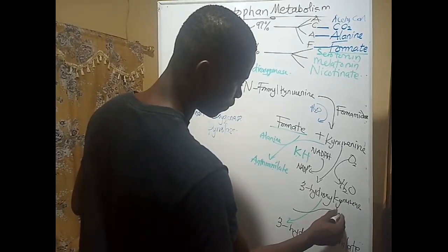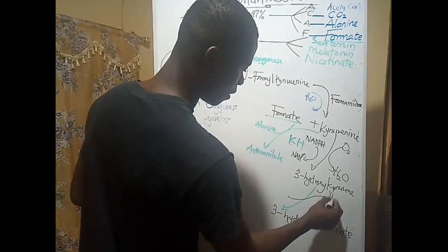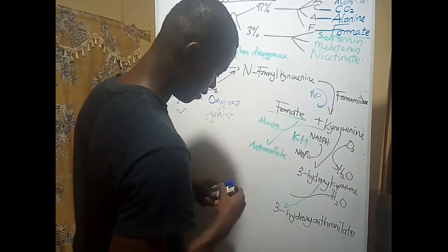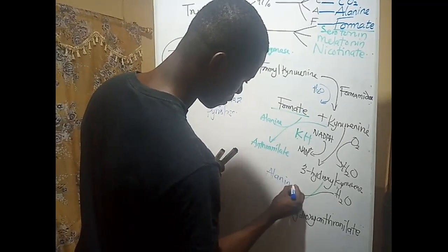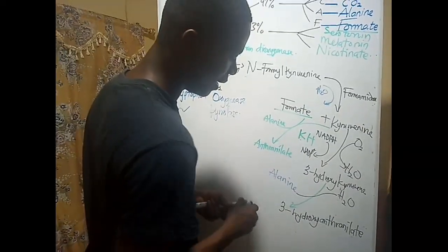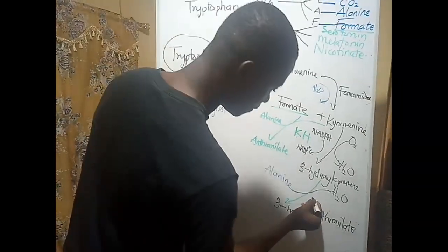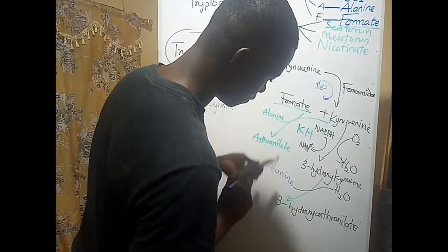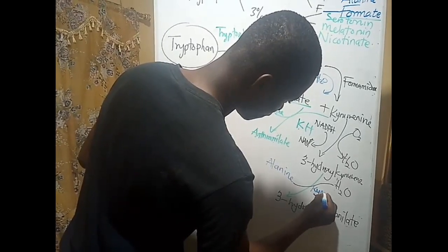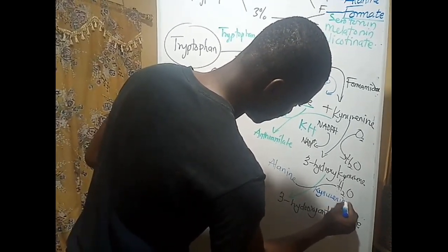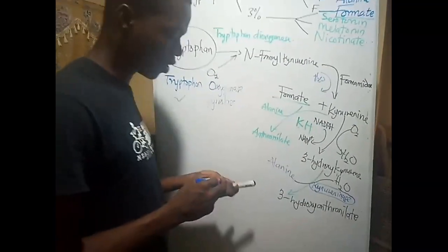Remember here too, we'll need water, and then alanine is also produced. Now, the enzyme that catalyzes this pathway is called kynureninase. Very important enzyme. We're looking at it later on when we talk about the clinical correlates.